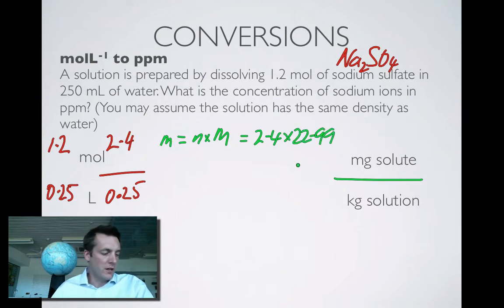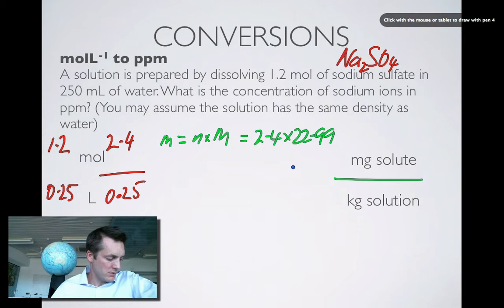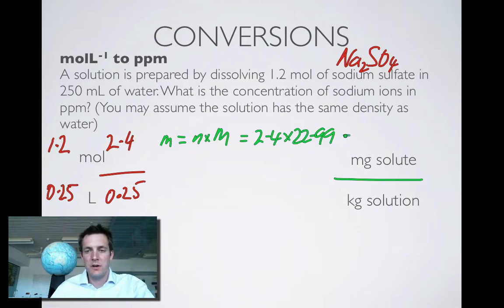So I find that I've got 55.176 grams. But I need this in milligrams, so once again I'm going to multiply this by 1,000. That's 55,176 milligrams. In every how many kilograms?